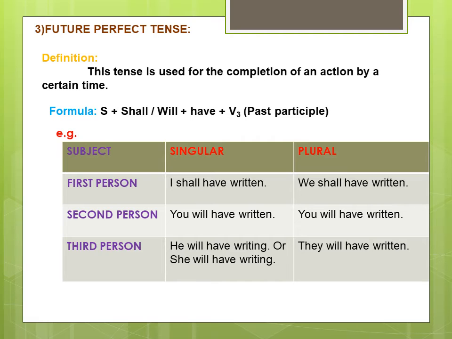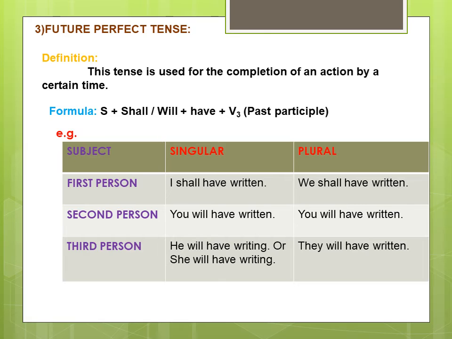Next, plural column, last line: they will have written. They, third person, subject, will have, and also written. As per our formula, it is very important to write will, have, and V3, the past participle. So here the future perfect tense is finished.